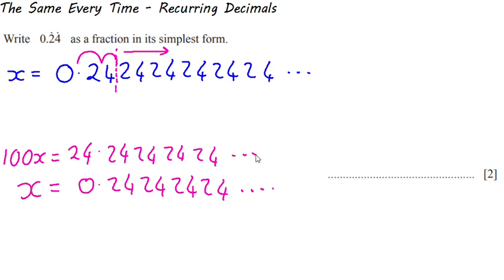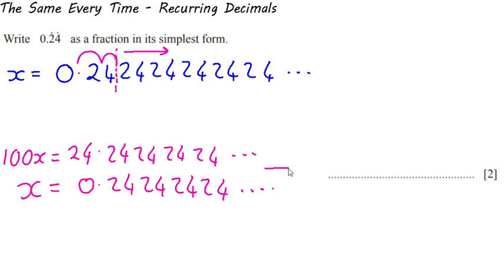24.242424, like that. Now you should be in a situation where the right hand side of each decimal is the same. So x is 0.242424 and 100 times x is 24.242424. We need the right hand side to be only the repeating part, and the right hand sides of both decimals have to be exactly the same.